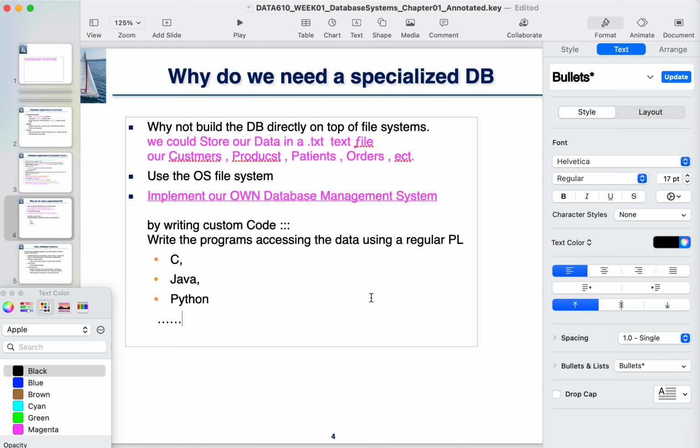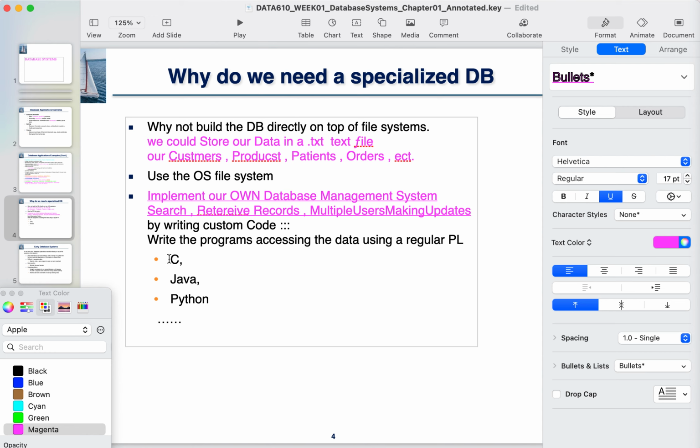But if we wanted to search through the data, retrieve records, be able to have multiple users making updates simultaneously, if we want to be able to do things like this to our file, then we need to write the code to do that.